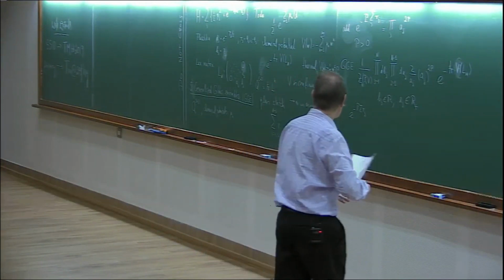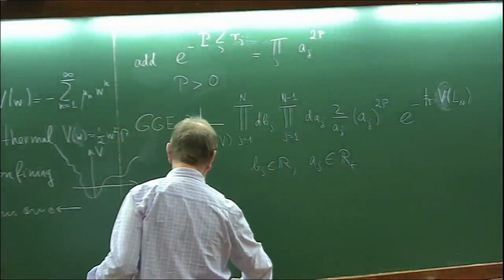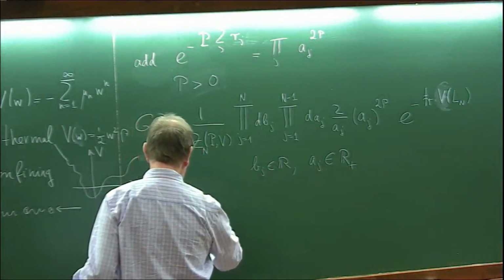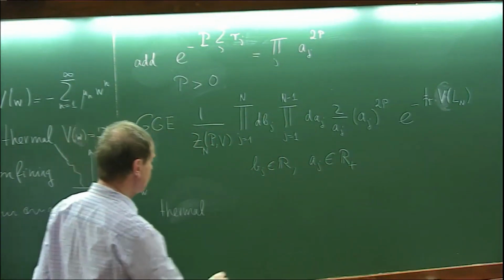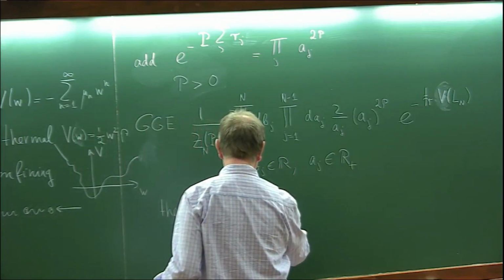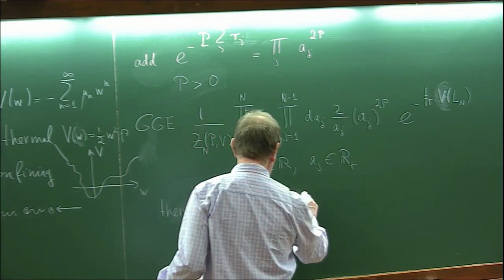Okay, so now let's do the example of the thermal case. I said already that V of W is just, forgetting the beta, 1/2 W squared.